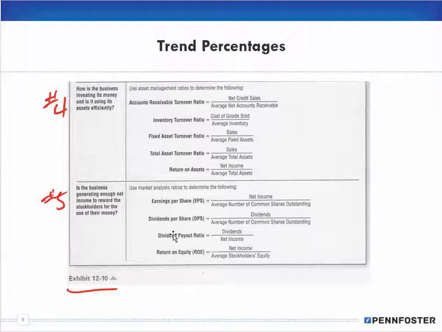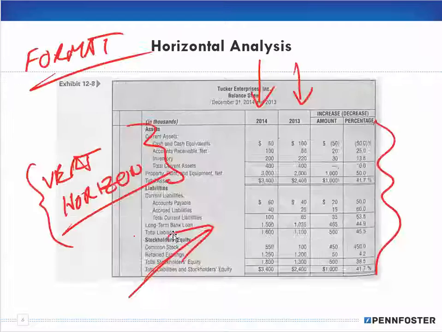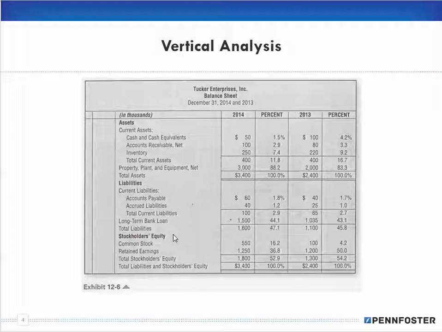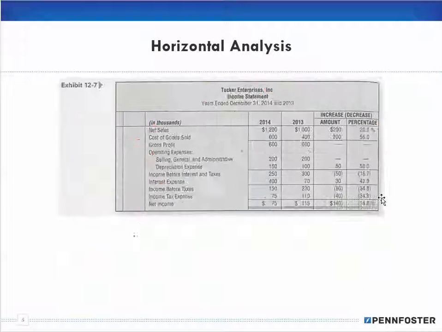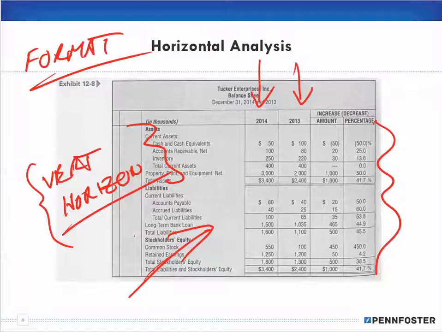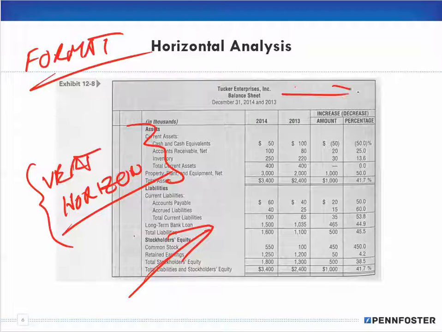That's kind of like what you're doing when it comes to analyzing the financial information. You start out by using a vertical analysis, taking your financial statements, whatever they are, the balance sheet, income statement, and you have your data for different accounting periods, depending upon whether you're using vertical, which means up and down, or horizontal, which means left and right.